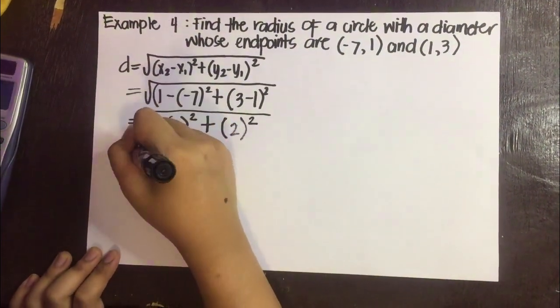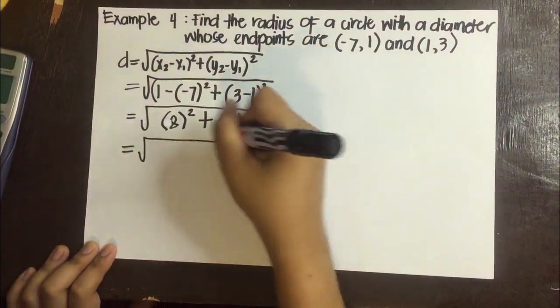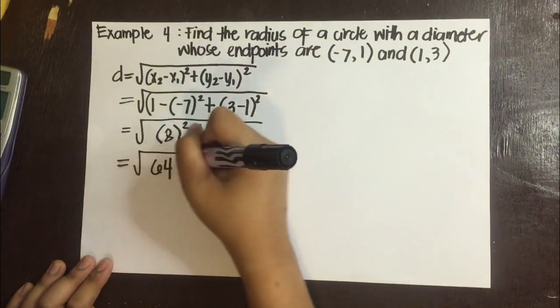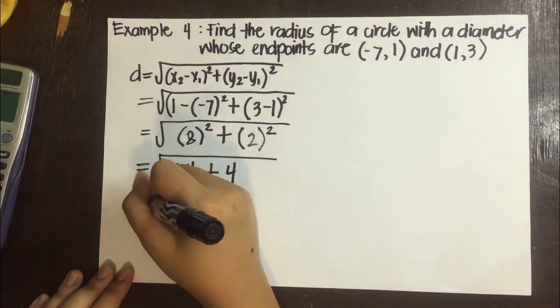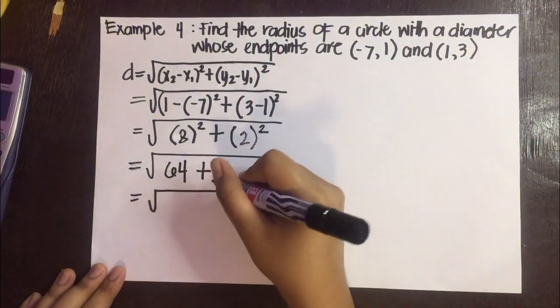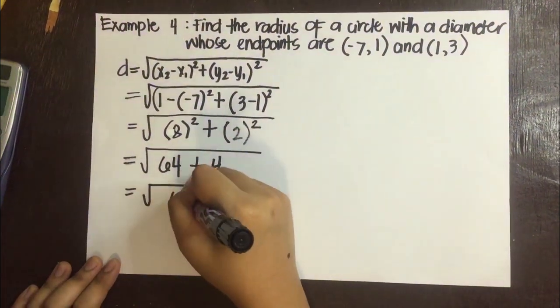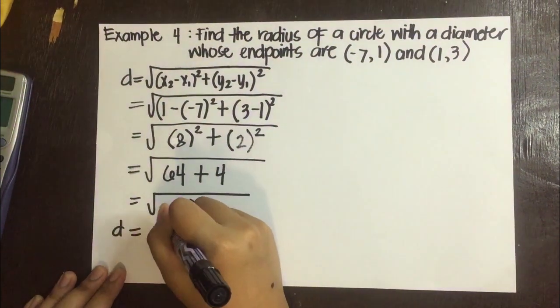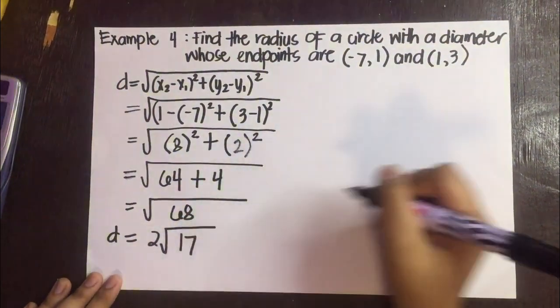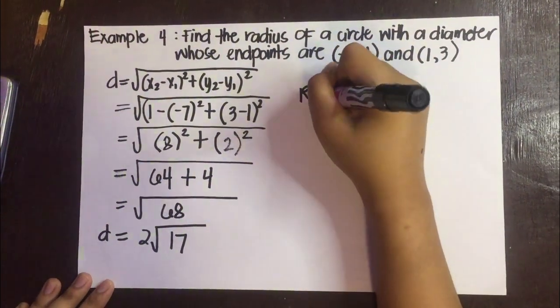So 8 squared is 64 plus 2 squared is 4. 64 plus 4 is equal to the square root of 68. So the distance is 2 square root of 17.